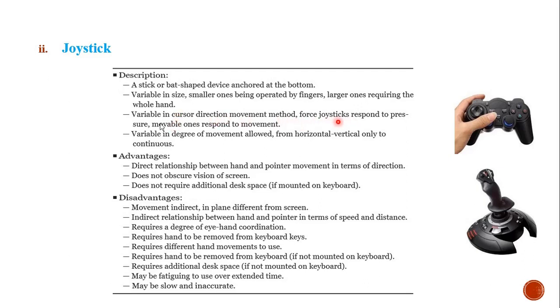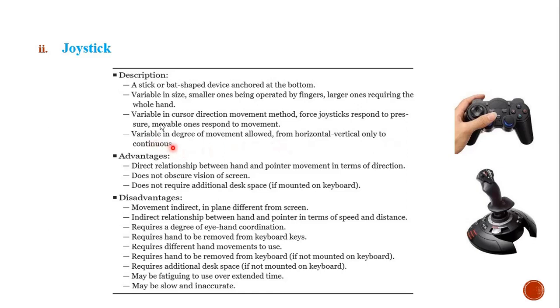Force joysticks respond to pressure, while movable ones respond to movement. So joysticks generally respond to the pressure that you place on them, and you can move based upon the response given by the joystick. The degree of movement allowed is variable, from horizontal to vertical.